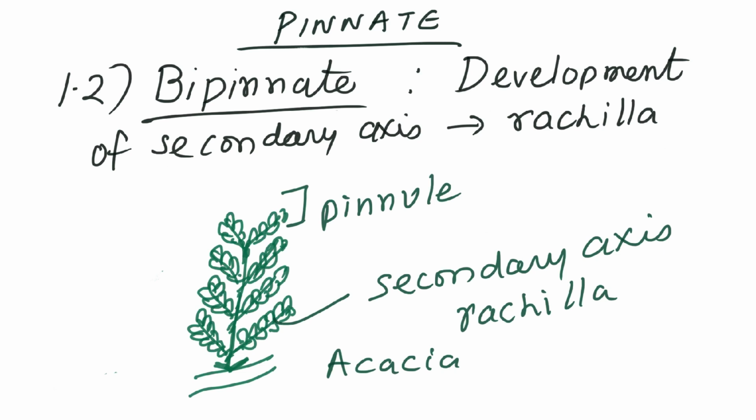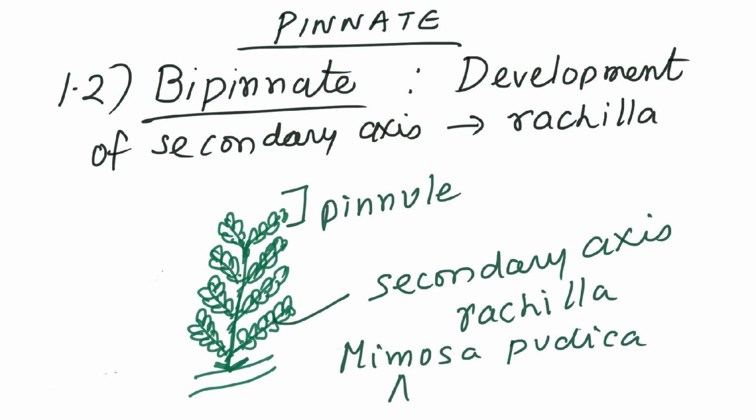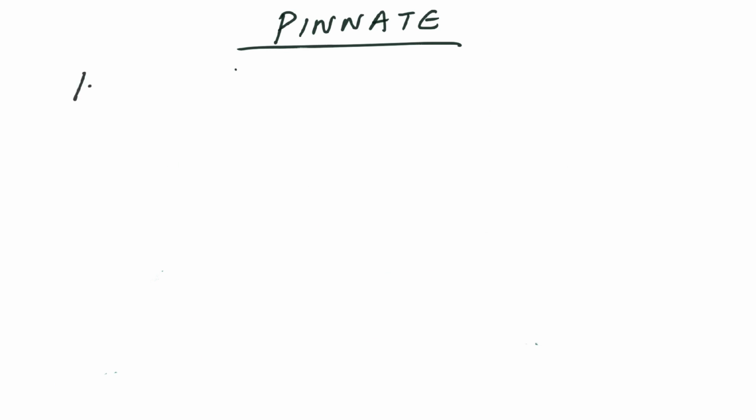And as I already mentioned, some interesting examples are acacia, babul, then Mimosa pudica, which we know is a very sensitive plant, and albizia. So these are the notable examples under bipinnate compound leaves, which come under the pinnate category. So that's about bipinnate, and naturally we'll be going on to the next division.